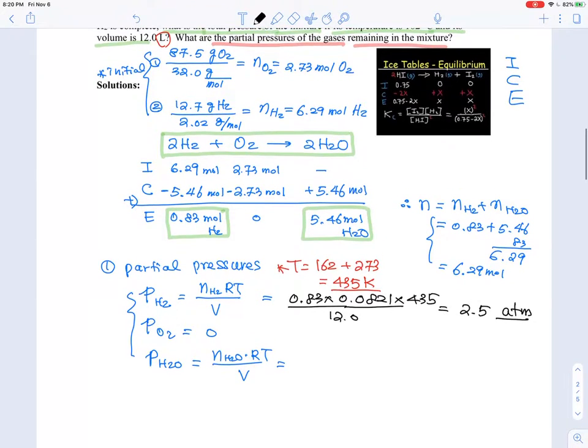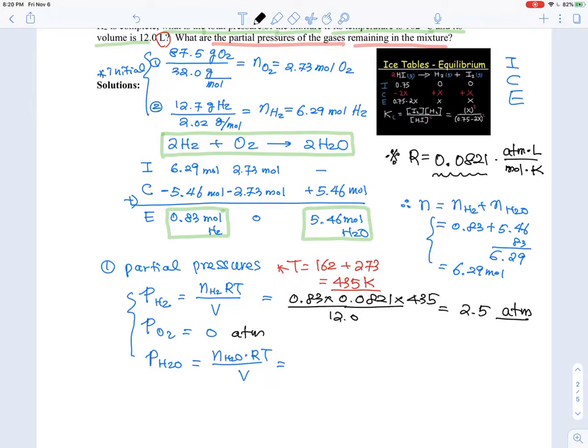Once again, remember that R, the gas constant, is 0.0821 ATM liter per mole Kelvin. Your pressure unit is ATM, the volume unit is liter, and the temperature unit must be Kelvin. To be able to use this gas constant, you should follow these notations.